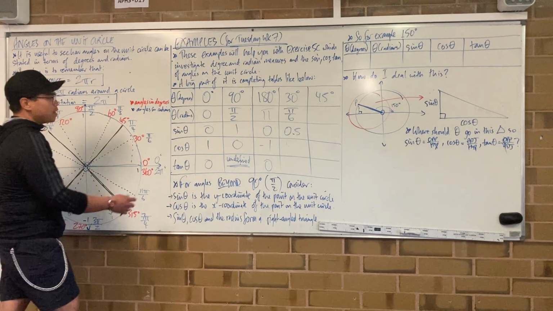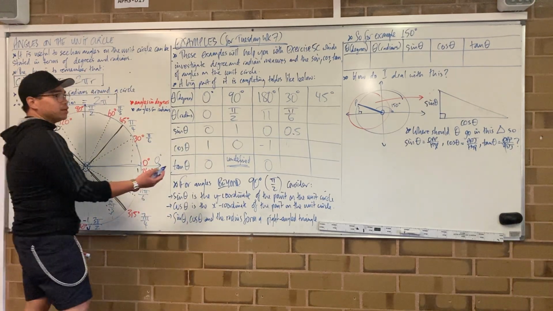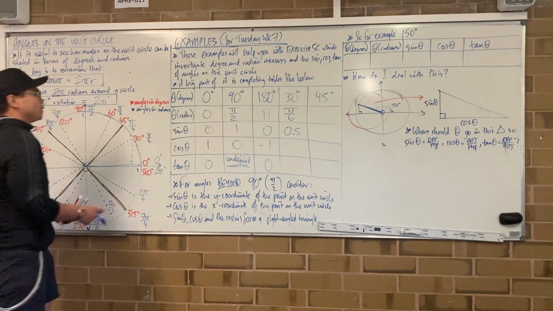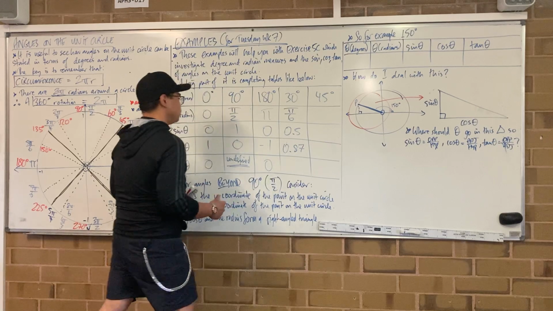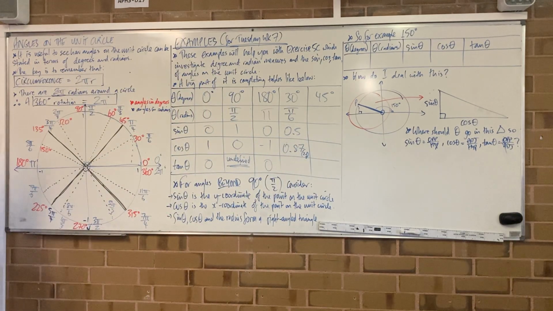Okay? What about cos of 30 degrees? Can you quickly find that for me? Cos of 30 degrees will be a not nice number. 0.866. 0.87, 2 decimal points. What would the tan be? So 0.5 divided by 0.87.